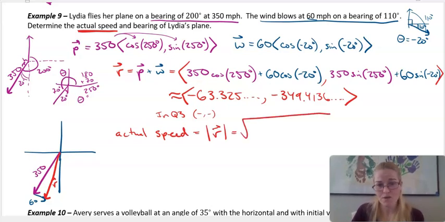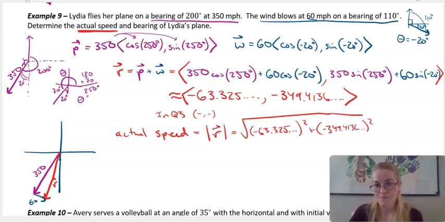So I'm going to take the square root of, again, use your calculator, use exact values, negative 63.325 squared plus negative 349.4136 squared. When we square root the sum of the squares of the components, the actual speed is going to be about 355.1 miles per hour. So that's the actual speed. Notice it's going just a little bit faster, about 5 more miles per hour faster.